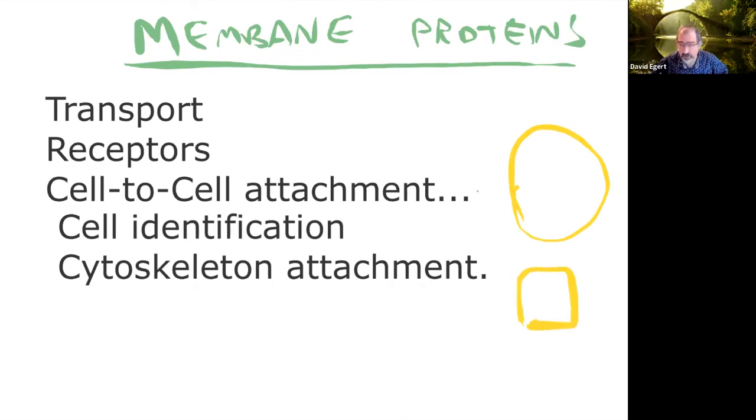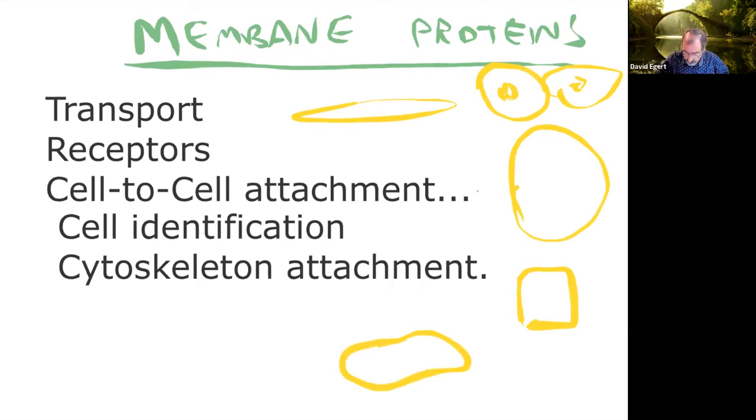Some cells look like this. Some cells look like this. Your blood cells look like biconcave discs. Some cells even move around. So all of that means that you have the cytoskeleton attached and holding on and keeping its shape. And when a cell does endocytosis or exocytosis, you're pulling in or pushing out. So there's all sorts of cytoskeletal attachment points that are membrane proteins.